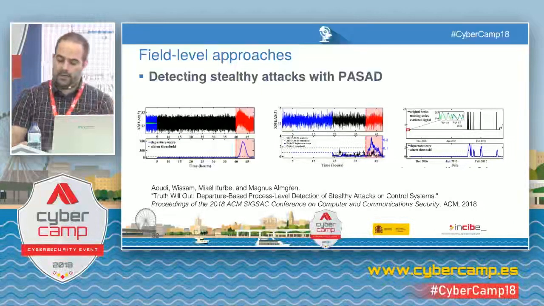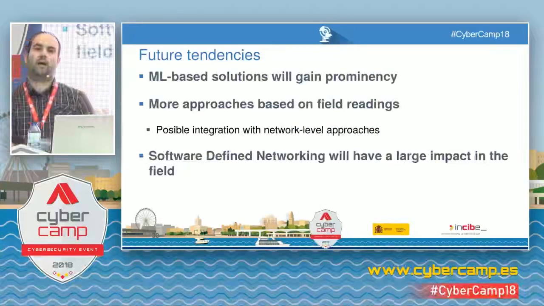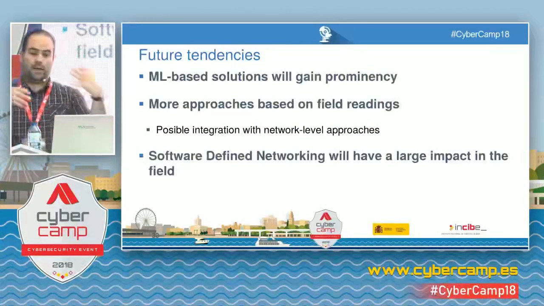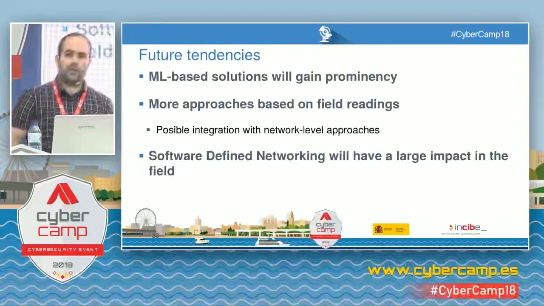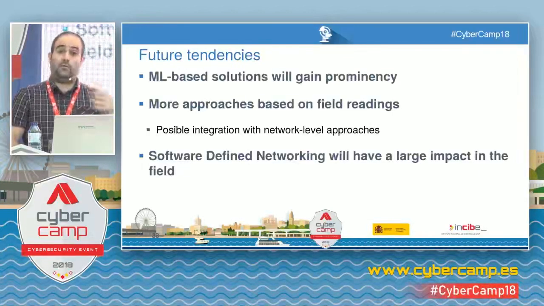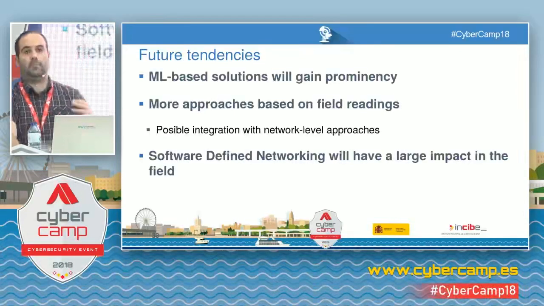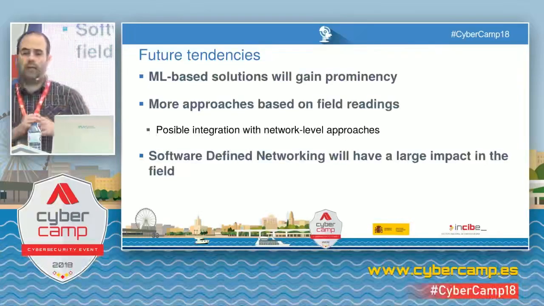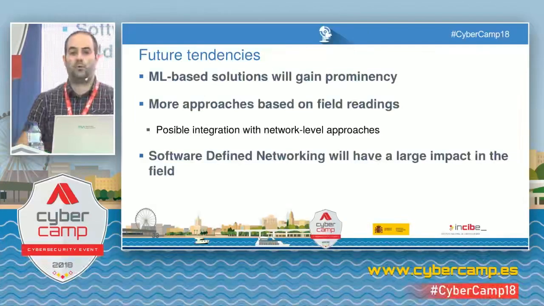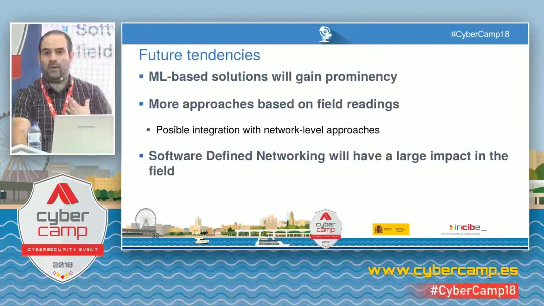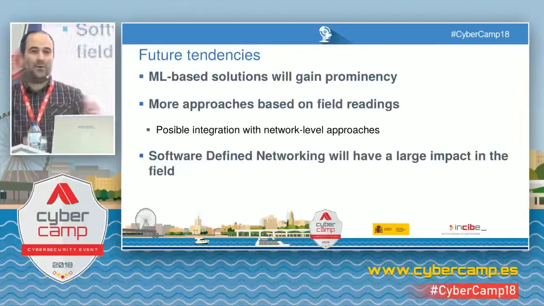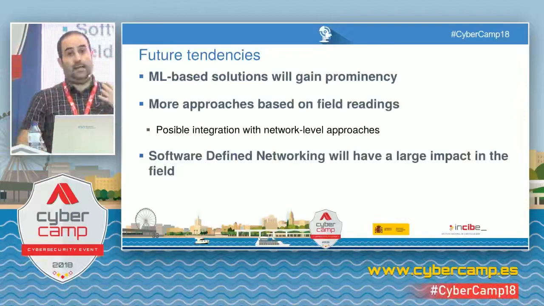So, from before Stuxnet, this field already had some proposals, mainly IT-based, to detect attacks on industrial networks. Then they used the deterministic nature of industrial networks to detect those network attacks. And then lately, intrusion detection in the field, that would be the process level, is quite active. Where is this headed? Well, this is my own forecast.